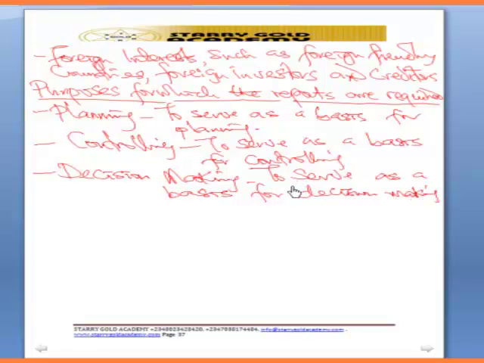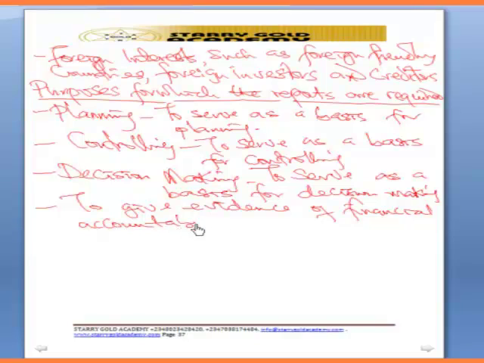To give evidence of financial accountability.